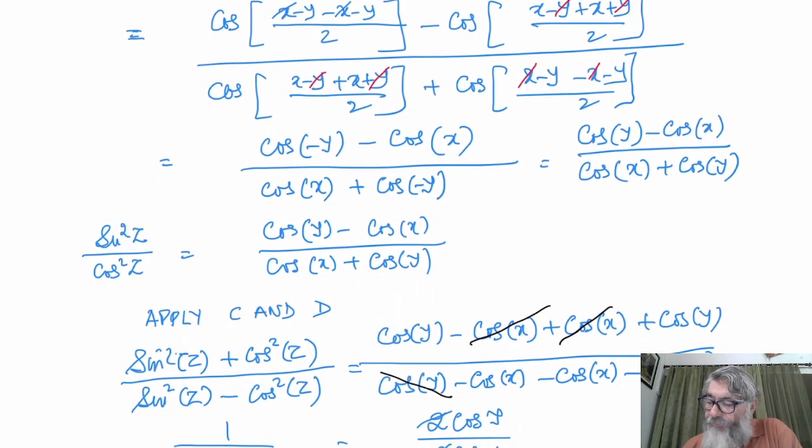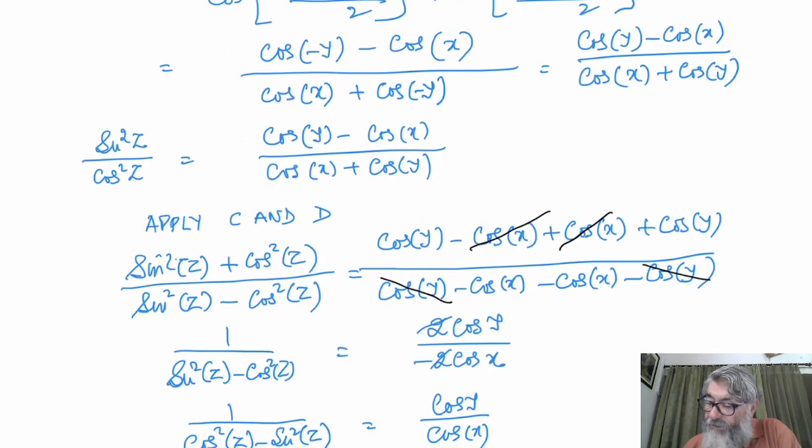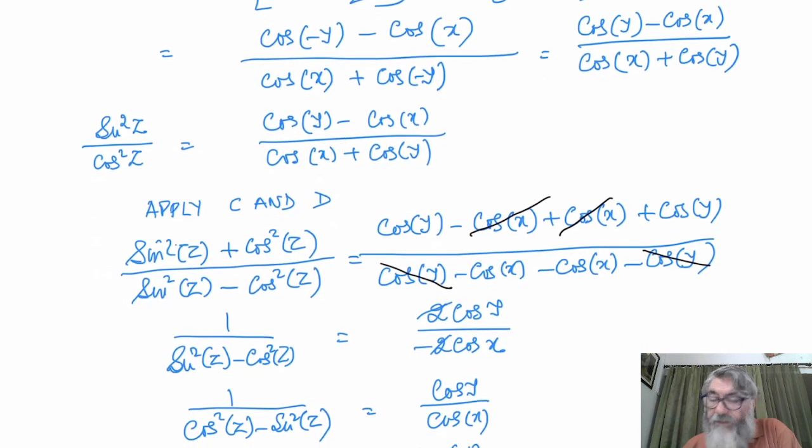Sin square z plus cos square z, sin square z minus cos square z. Similarly, cos y minus cos x plus cos y, and cos y minus cos x minus cos y. The terms get cancelled. 1 upon sin square z minus cos square z is equal to 2 cos y upon minus 2 cos x.